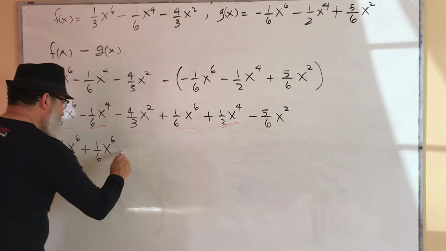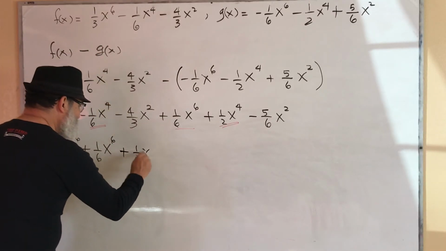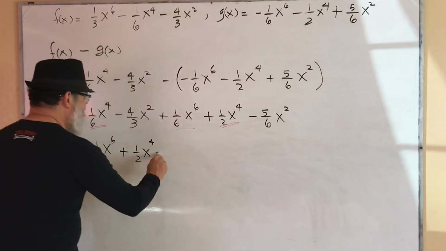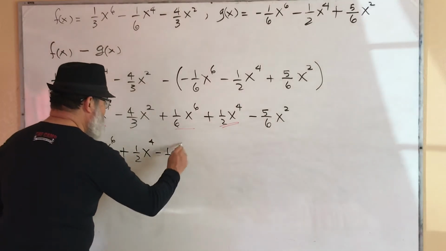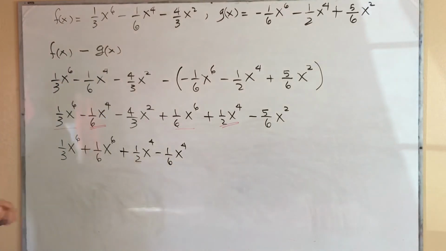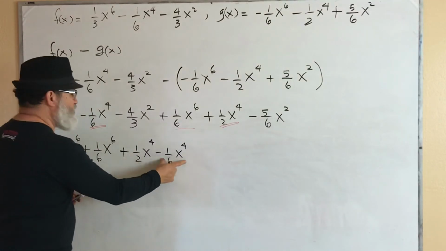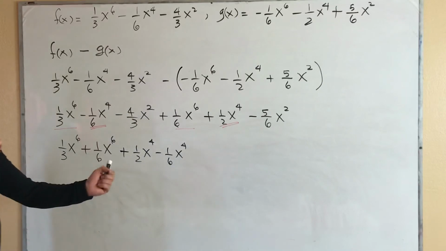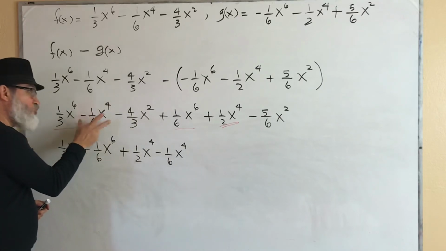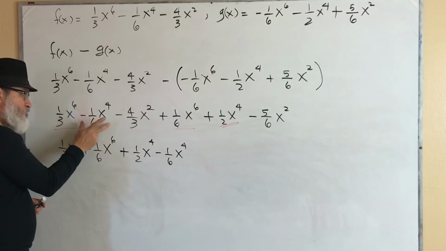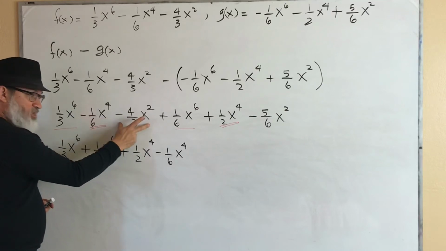So this is gonna be plus 1/2 x to the 4th minus 1/6 x to the 4th. You can write this one first and this one second, or the other way around. It's fine, because you can commute. Don't forget, the negative goes with it. This negative belongs to this term.